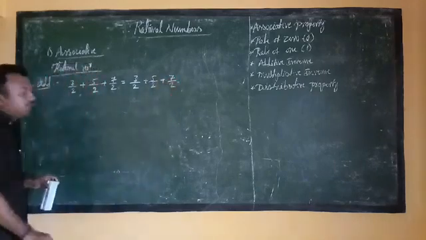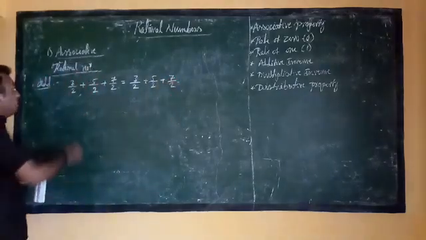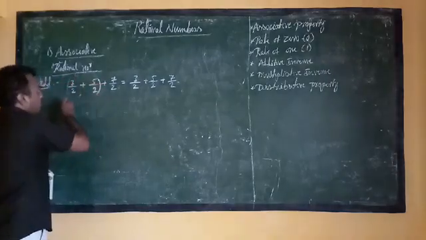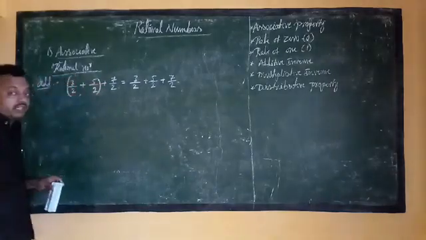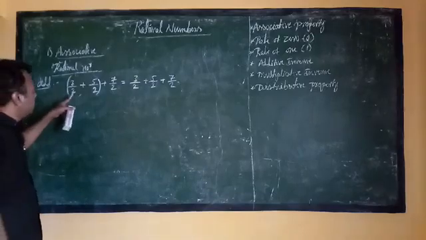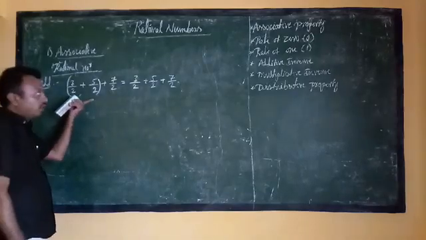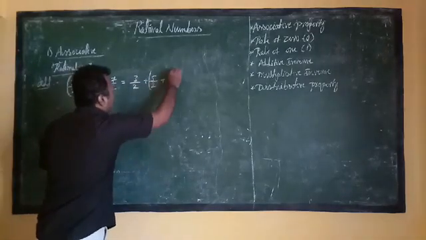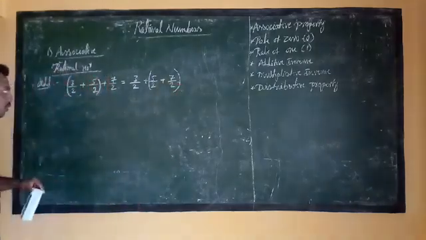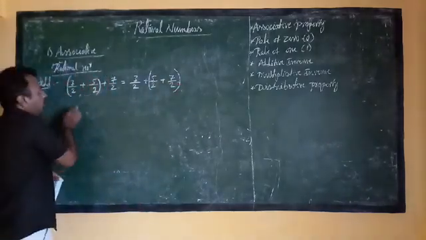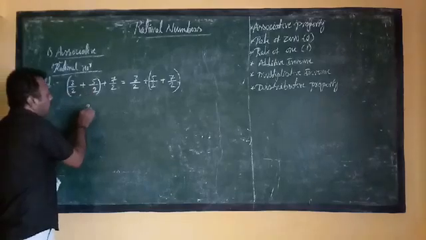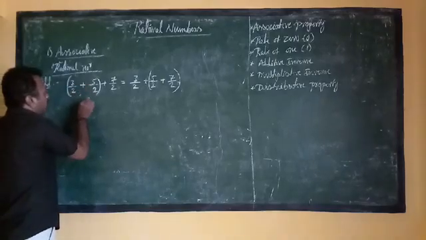So I will take three different rational numbers and make the groups to verify the associative property over addition. First two numbers I will group on the LHS side and the last two numbers I will group on the RHS side. Next, the first group you have to solve. So the denominators are the same. Add the numerators. 5 plus 3 is equal to 8.